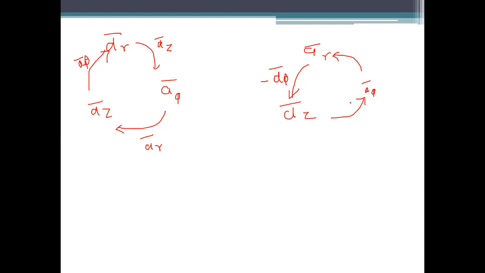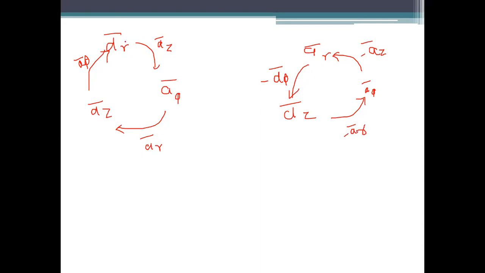Or you can go in clockwise also. Or you can consider A bar R cross A bar phi as A bar Z, but the sign is minus. Then A bar phi cross A bar Z is A bar R, but the sign is minus.